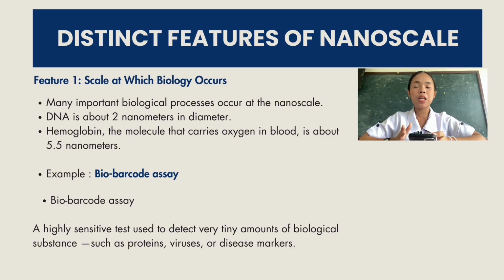DNA is about 2 nanometers in diameter. Hemoglobin, the molecule that carries oxygen in blood, is about 5.5 nanometers. Because biological molecules are nano-sized, nanotechnology can interact with them more precisely, and this leads to more accurate medical treatments, improved diagnostic tools, and minimal damage to healthy cells.